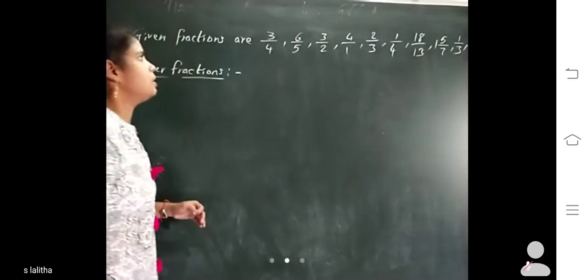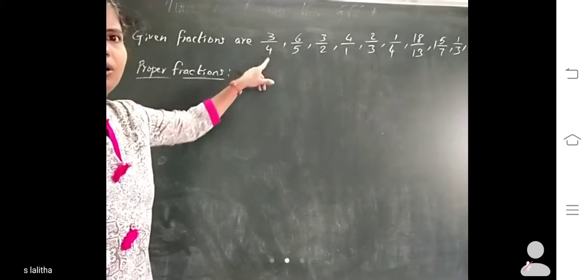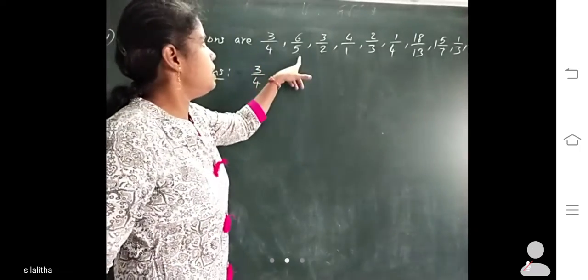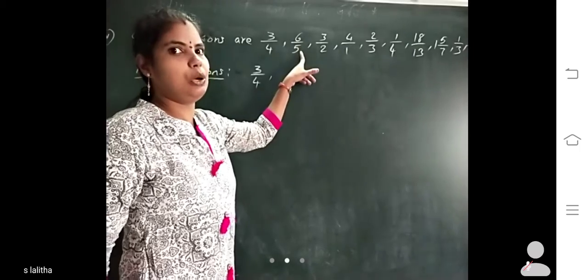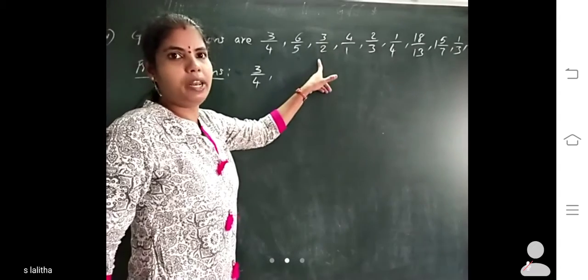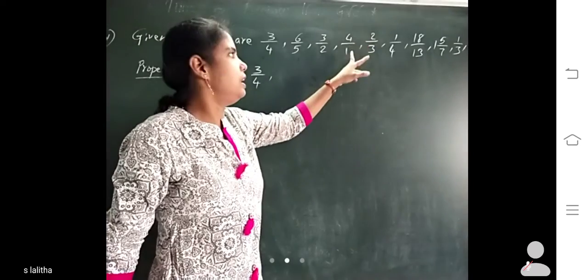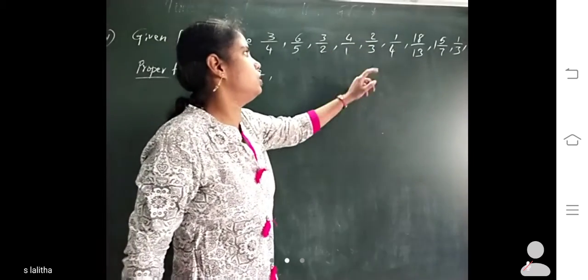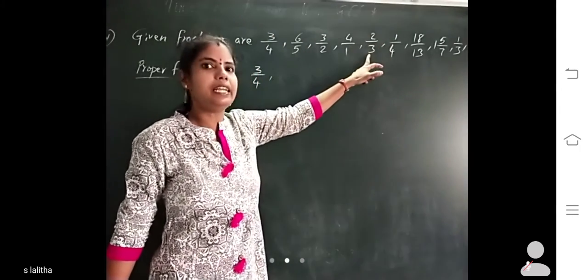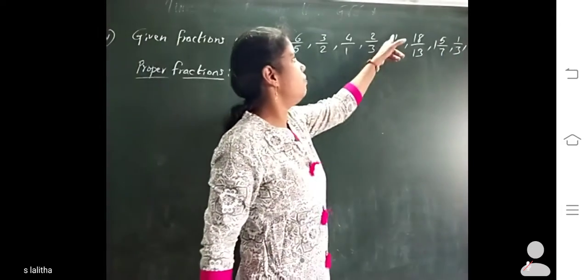Check 3 by 4: the numerator is less than the denominator, so it is a proper fraction. 6 by 5: the numerator is greater, so it is not proper. 3 by 2 and 4 by 1: the numerator is greater than the denominator, so not proper. 2 by 3: the numerator is less, so it is a proper fraction.